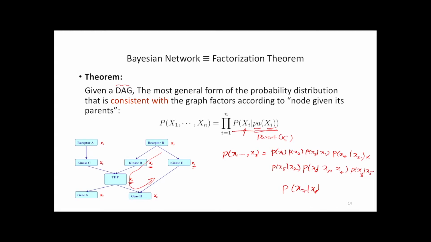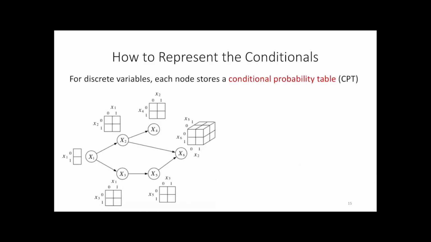So basically, given the DAG, we can read the way that the joint density, or joint probability distribution, depending on whether the random variables are continuous or discrete, can be written as a set of these factors. So the probabilistic graphical model can be a way to represent this factorization.